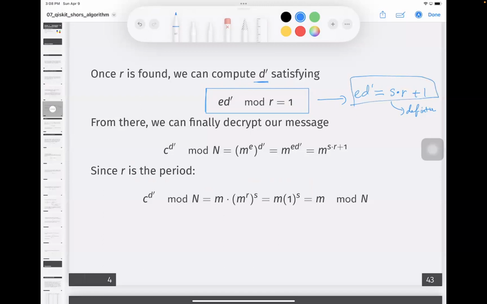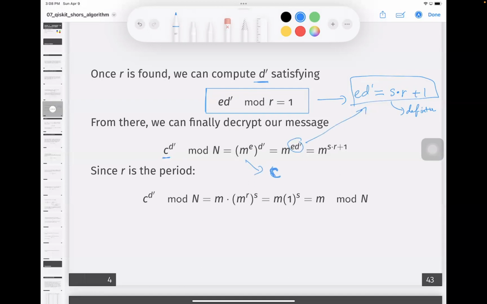Given the ciphertext C, we can raise it to the power D prime, which will eventually give us the original message. And this is the mathematics of it. C raised to the D prime will give you M^E raised to the D prime, since M^E is nothing but the definition of C. Now, we know that E D prime is equal to S times R plus 1.